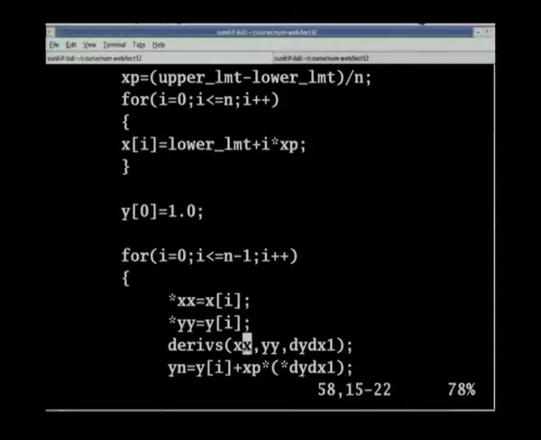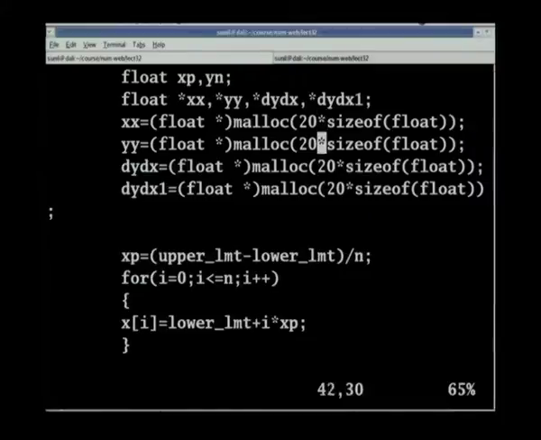It calls it with the x value and the y value at which I want to evaluate the derivatives, and this function would return the dy dx, the derivative at that point x and y. So, both x x and y y are pointers, and dy dx 1 is also a pointer. So, I have allocated memory for all of that here.